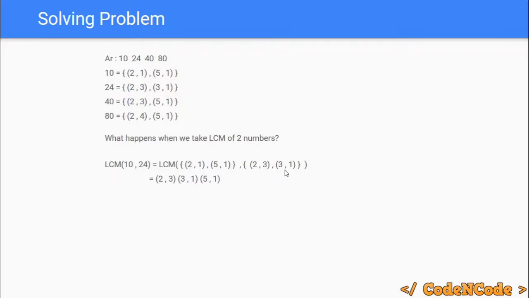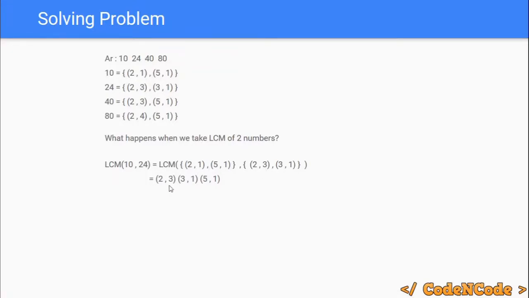Now see, when you take the LCM of two numbers, if there is a prime which is common to both numbers, like 2 is common to both the numbers 10 and 24, then in the answer, you see, in the first number we have 2 raised to the power 1, in the second number we have 2 raised to the power 3.